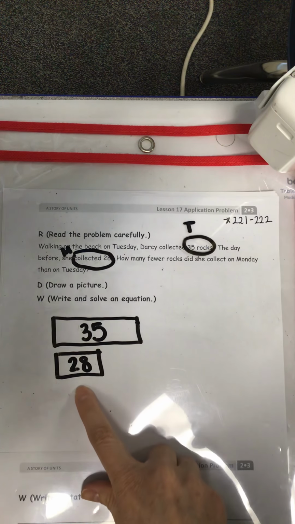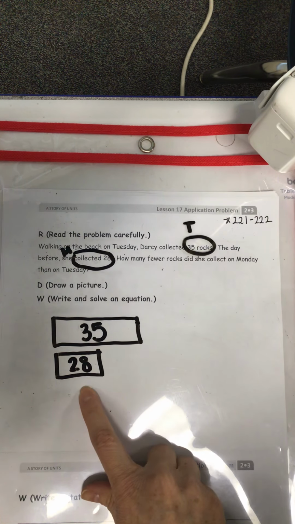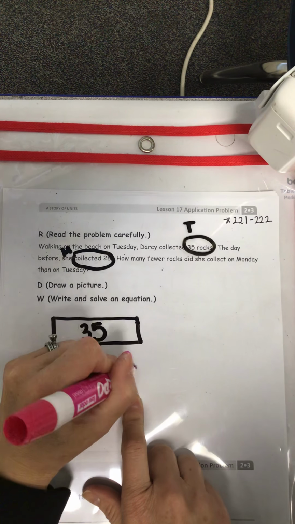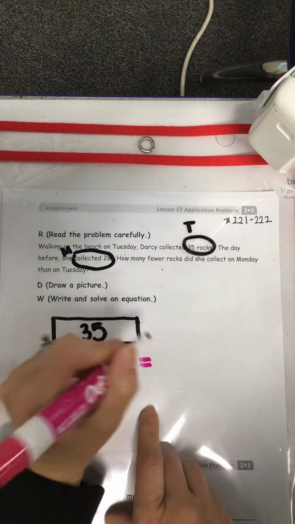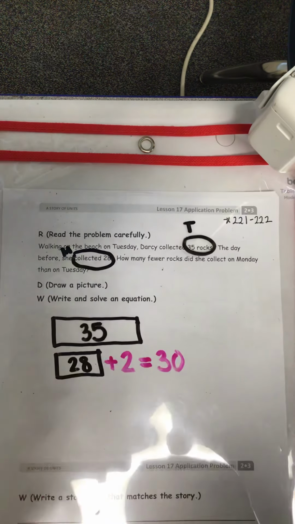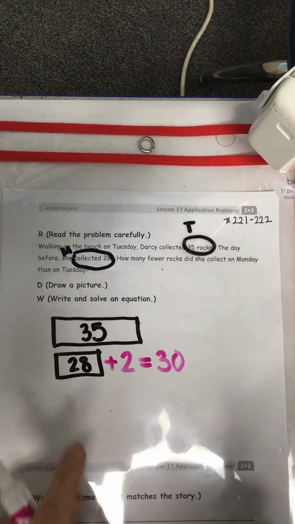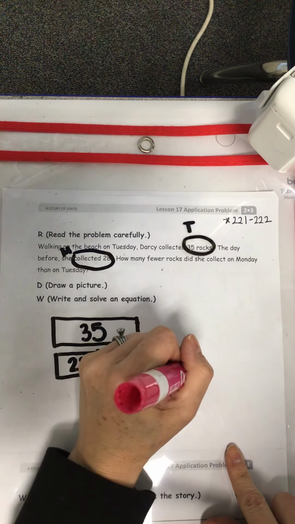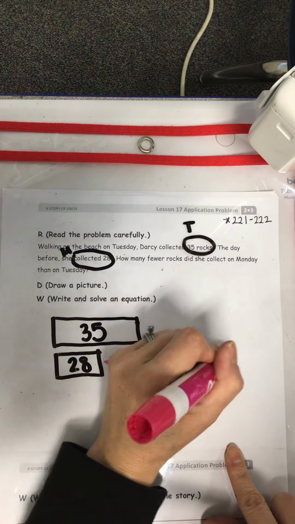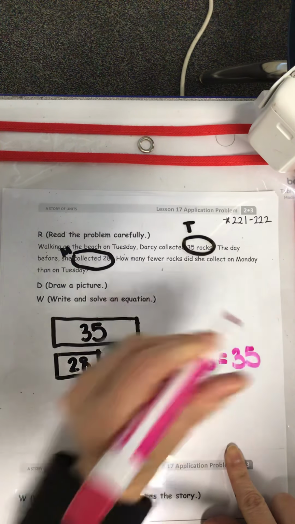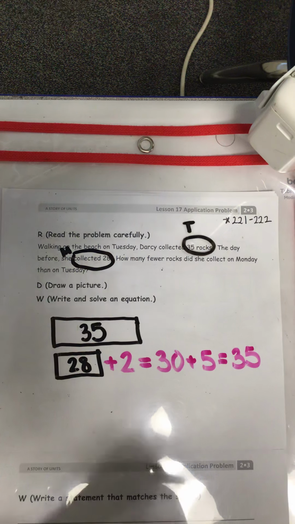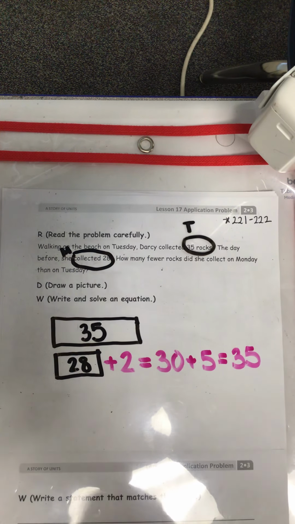So one of my kiddos said, Mrs. Brown, I know that 28 needs 2 more to get to 30. So we added 2 more to 28 to get to 30. And then they said, now that we're at 30, we're going to need 5 more to get to 35. So we know we need to find out the difference, and we found the difference using addition.